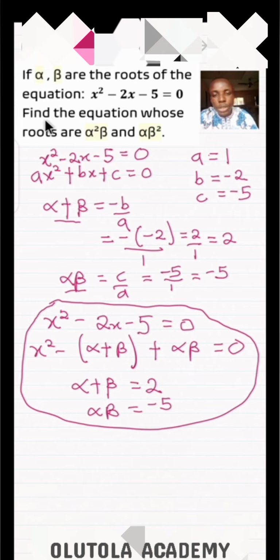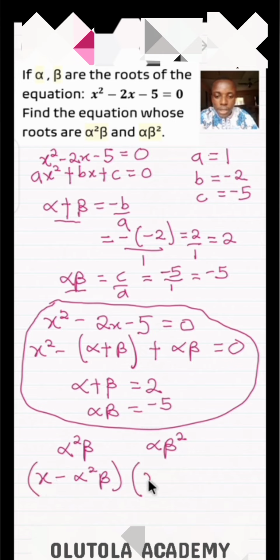Now back to the question. The question says find the equation whose roots are alpha squared beta and alpha beta squared. Since alpha squared beta and alpha beta squared are roots of the equation I'm to find, that means x minus alpha squared beta is a factor, and as a quadratic equation you must have two factors. x minus alpha beta squared is the second factor.